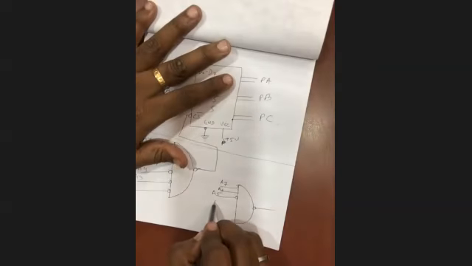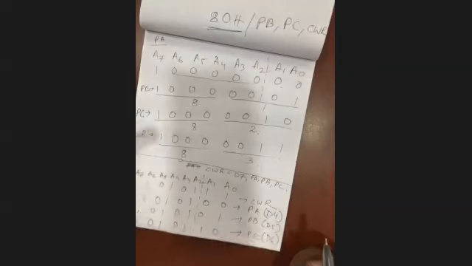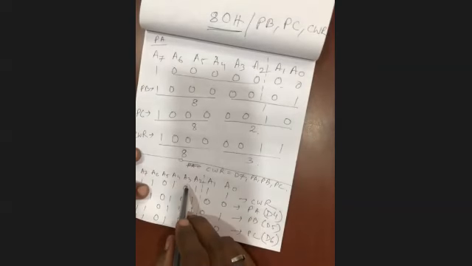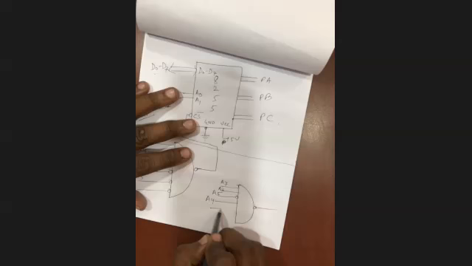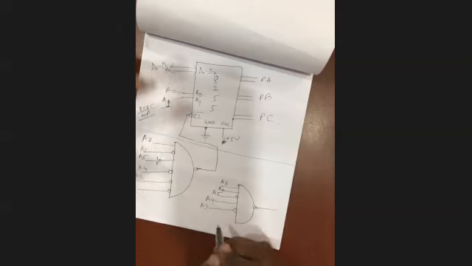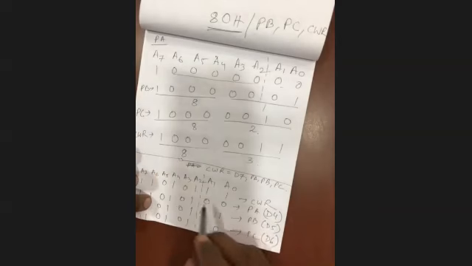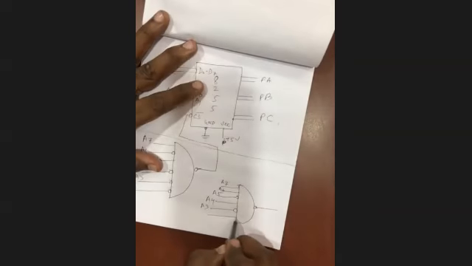Next, sir, A4 1. So that is also direct. Next, sir, A3 0, so connected with a NOT gate. Sir, A2 1, connected direct.